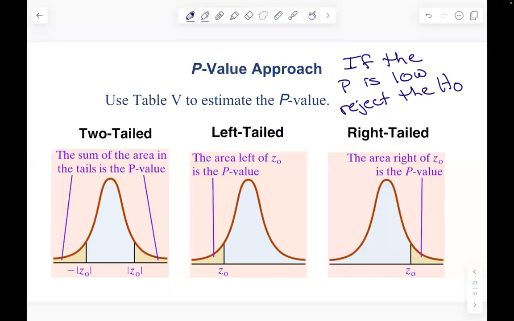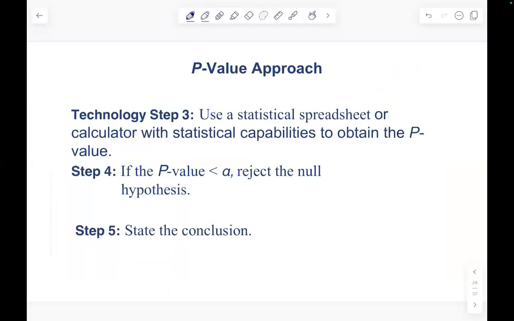And if that probability is less than alpha, then we reject the null hypothesis. So we compare the p-value to alpha. That's it right here. P-value less than alpha, reject the null hypothesis.